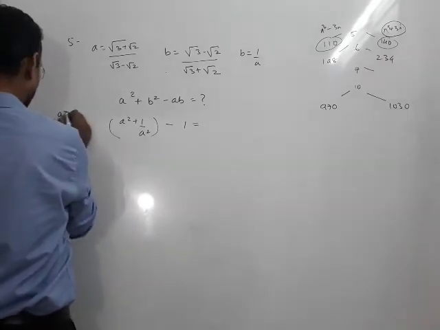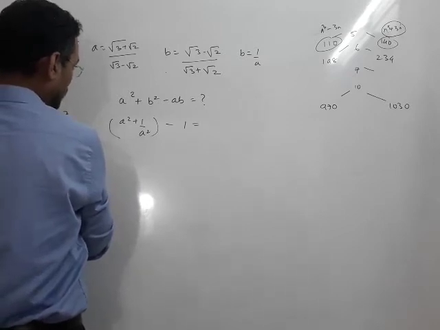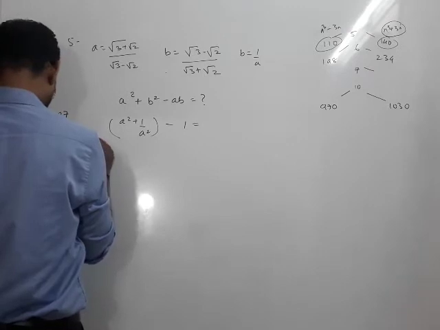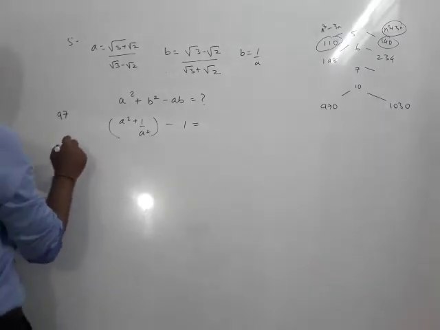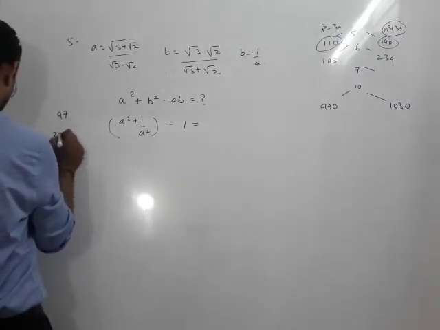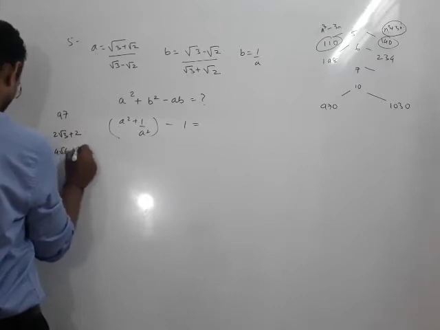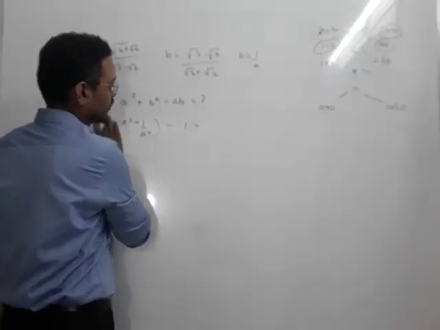Options are 97, 2 root 3 plus 2, 4 root 6 plus 1, 98. Okay, so they have asked for this.